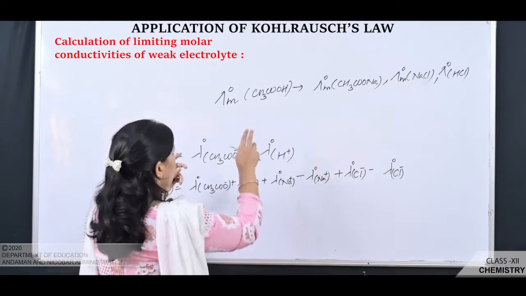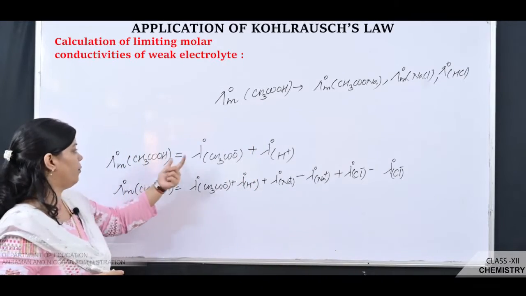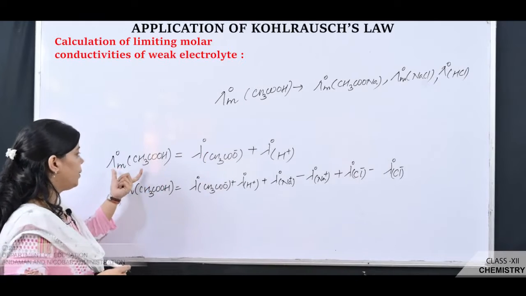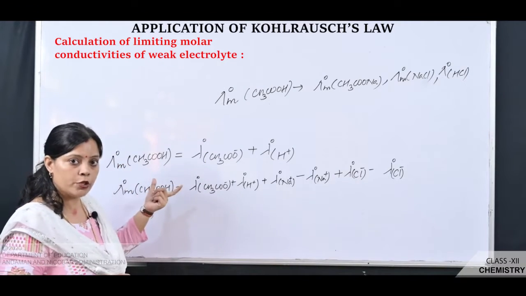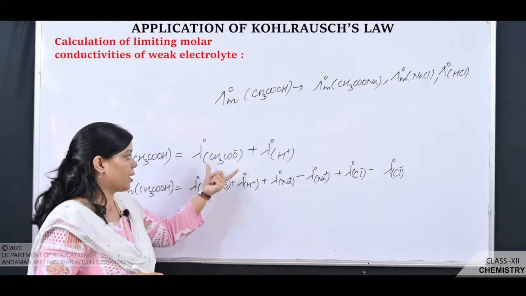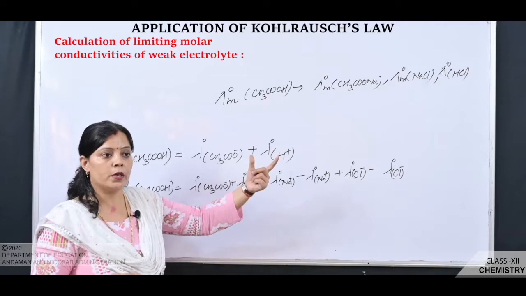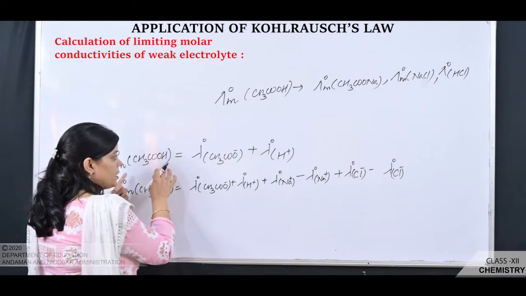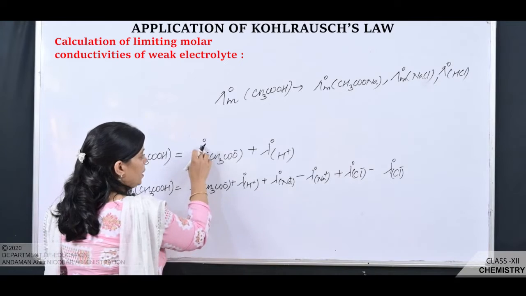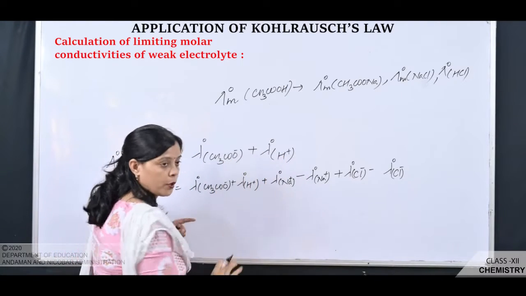Students, for this acetic acid, with the help of the Kohlrausch law, how can we explain it? For the limiting molar conductivity of acetic acid, at infinite dilution the electrolyte completely undergoes ionization and each ion contributes towards the total molar conductivity of the solution. That is, for acetic acid the value is λ⁰ for the acetate anion plus λ⁰H⁺.